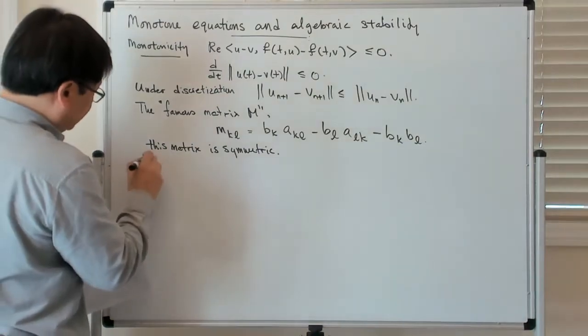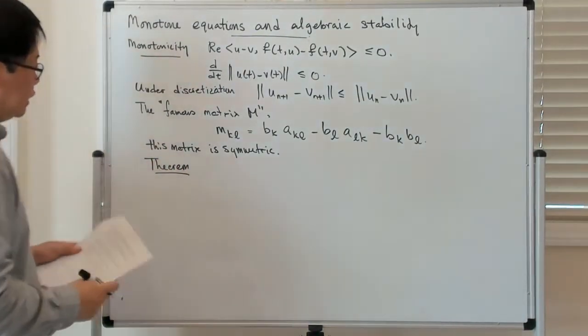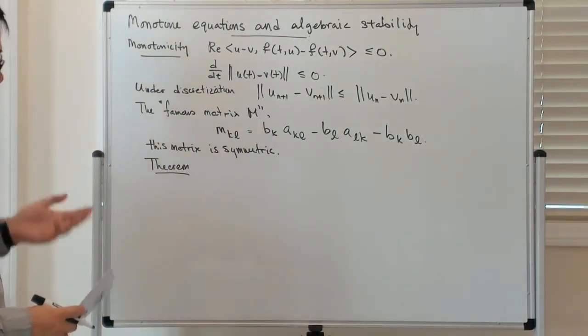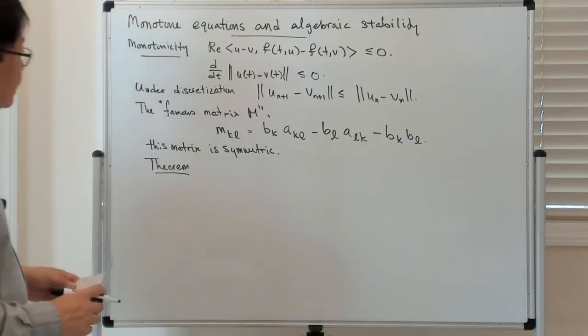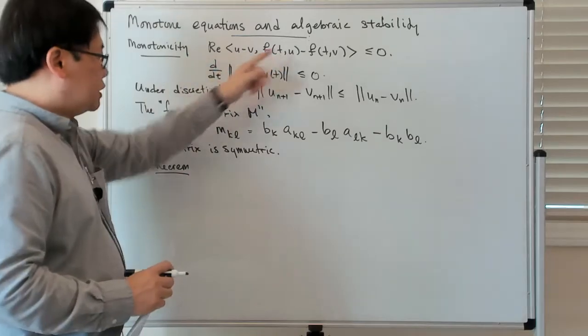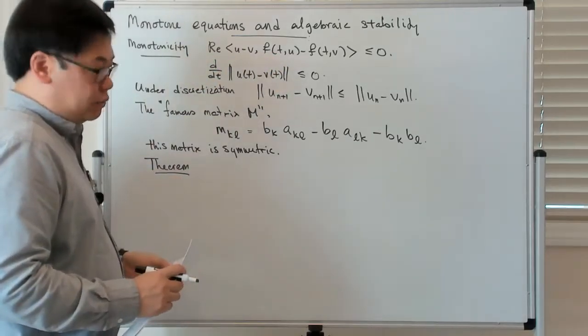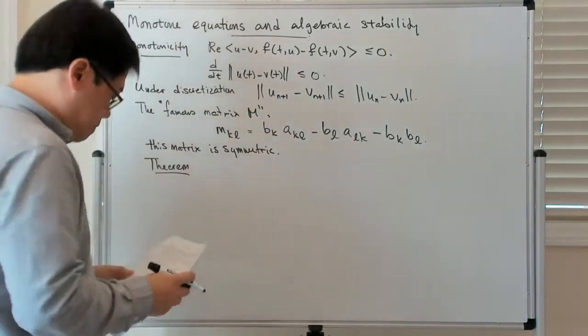All right, so let me state a theorem now, which is a condition which guarantees that, if you have a Runge-Kutta method satisfying this condition and you apply it to a differential equation satisfying this monotonicity condition, then the numerical solution satisfies this property here.